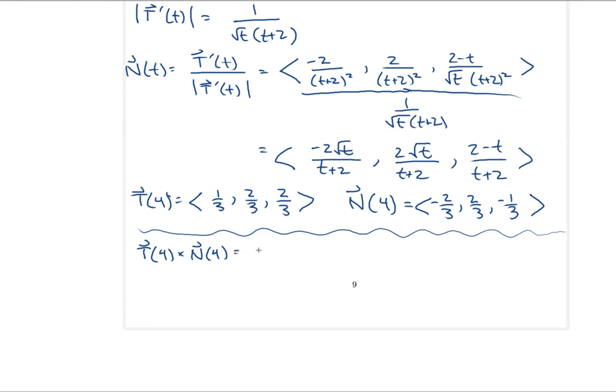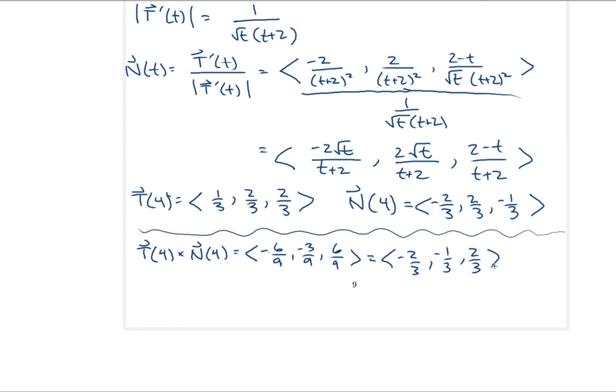And when I do take that cross product, what I'm going to get is the following: negative 2/9 minus 4/9, so negative 6/9, negative 3/9, 6/9, right? Which is going to be negative 2/3, negative 1/3, 2/3.